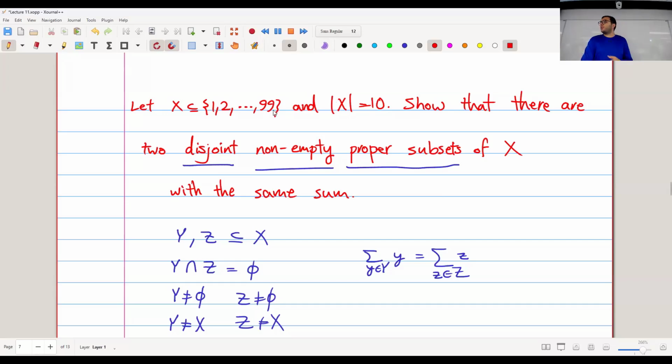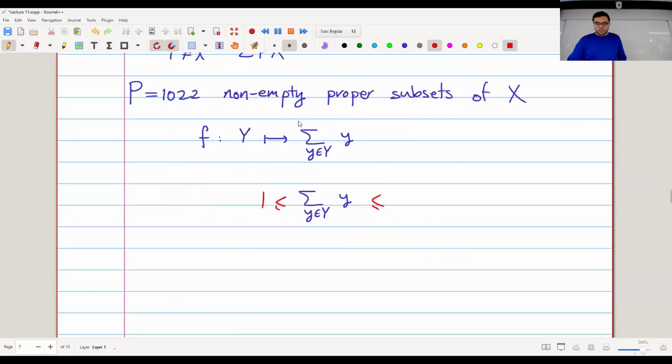So 91 to 99. So this sum is at most 91 plus 92, so on to 99. What is this number? Someone calculate it. I'm too lazy to do it. It's 855.